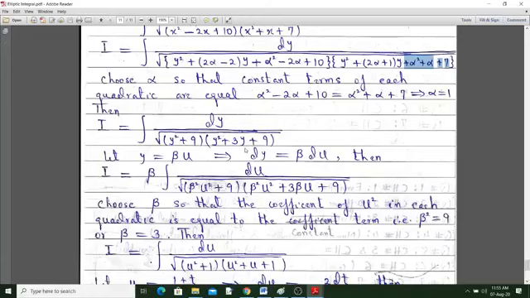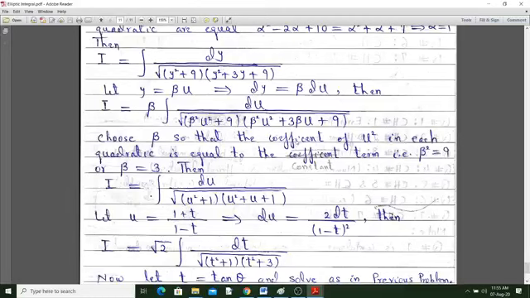To convert this factor, we assume that y is equal to beta u, and again remember, we can determine beta with the same geometry of the problem, or the initial or boundary value of the problem, or by some constants of the expression. So let y is equal to beta u, then dy is equal to beta du, and put this very simple transformation into this expression. We get this expression.